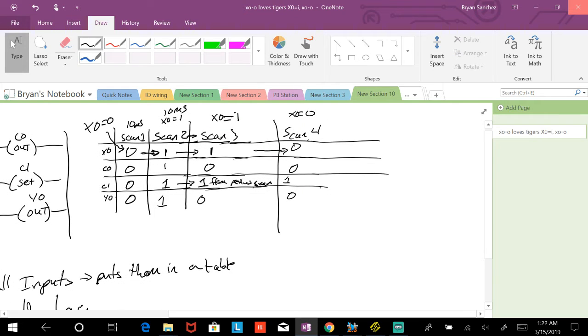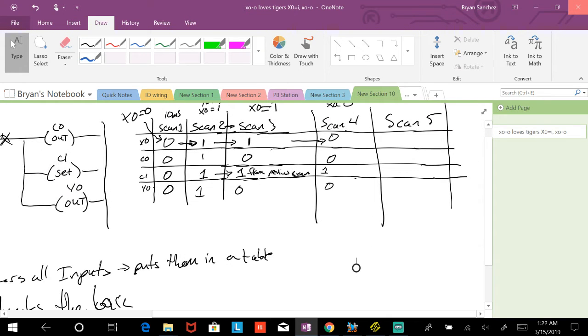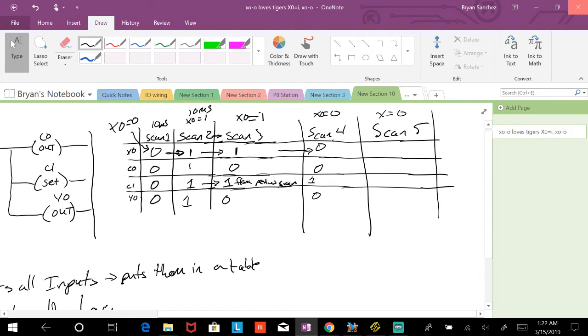Now, keep going. Scan 5. X0 in scan 5 went to 1. So there's a 0 to 1 transition. Okay?